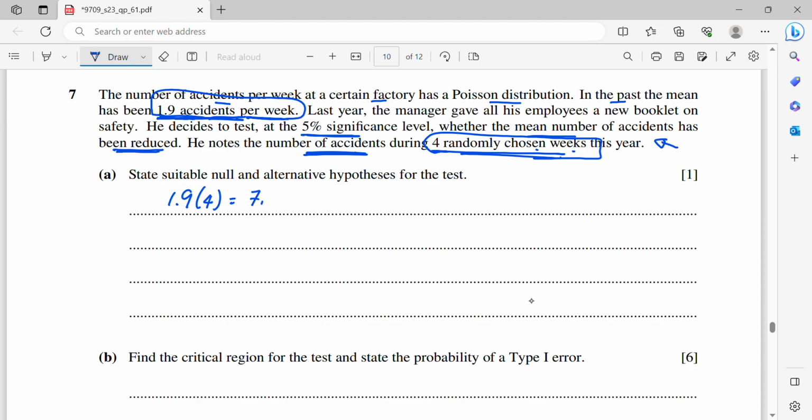Okay, so it will be 7.6. Therefore, your null hypothesis, you can just write lambda equals to 7.6 accidents. Then since for this test, the manager decides to test whether the mean number of accidents has been reduced, if it has been reduced, I will expect H1: lambda is less than 7.6. So these are your null and alternative hypotheses.